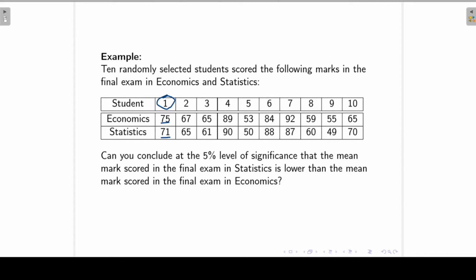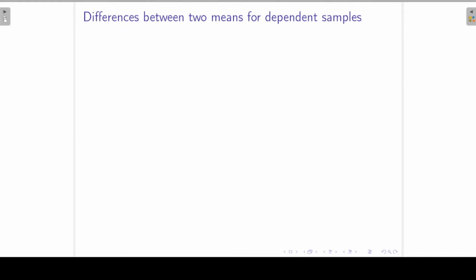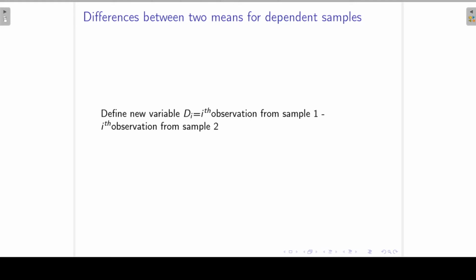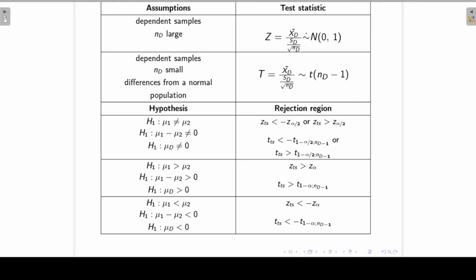Now, how do we treat dependent samples? First of all, we define a new variable d, which is the difference between the two observations from sample 1 and sample 2. Okay, and then in this table, we look at the assumptions and the test statistics.